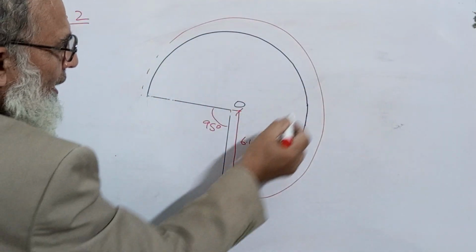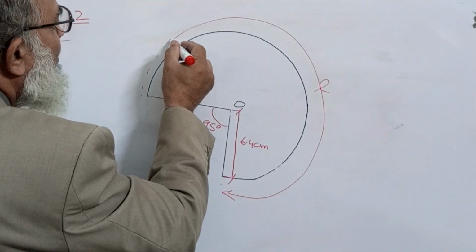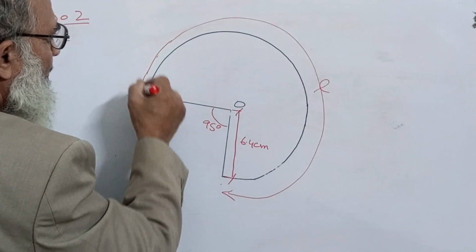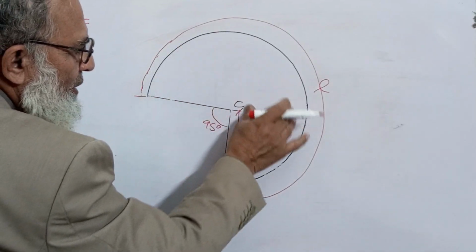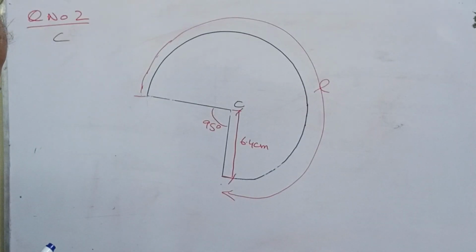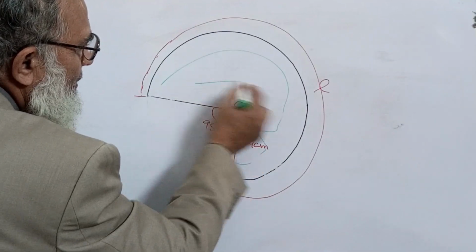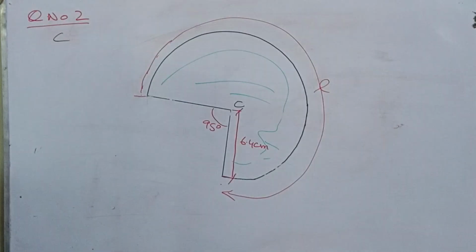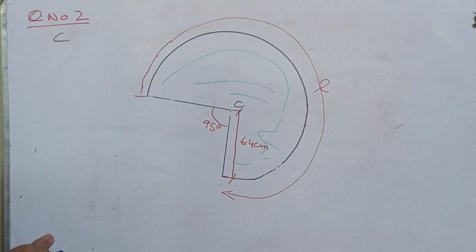So what we have to find is the same: this arc length, from here to here, and the colored region. This whole is the colored region. Okay. Now the same case applies here.